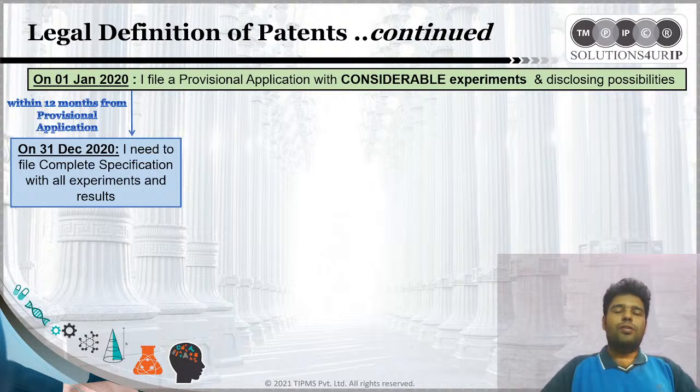You have to disclose that in Form 1, plus there are other declarations by all the inventors in Form 1 as well, that you are the inventors of the invention for which the patent application is being filed.